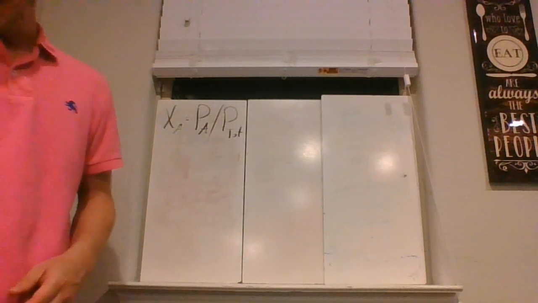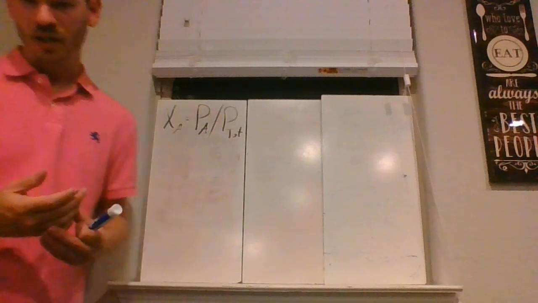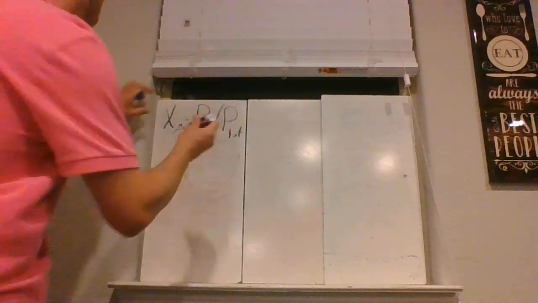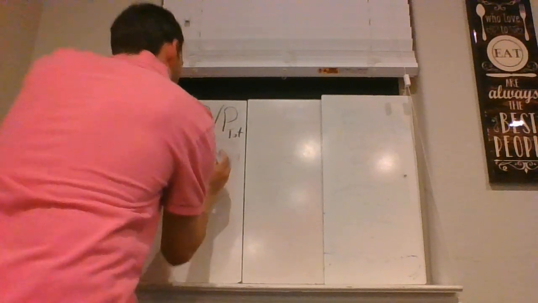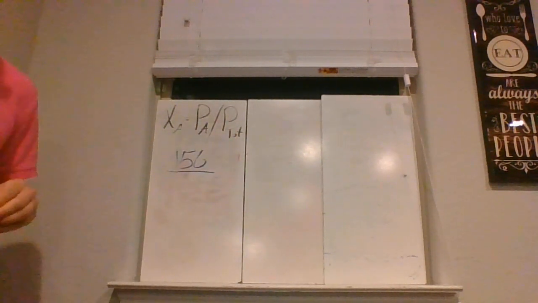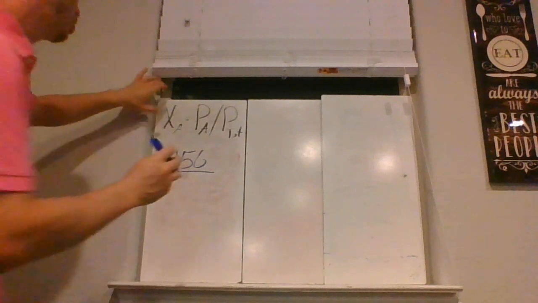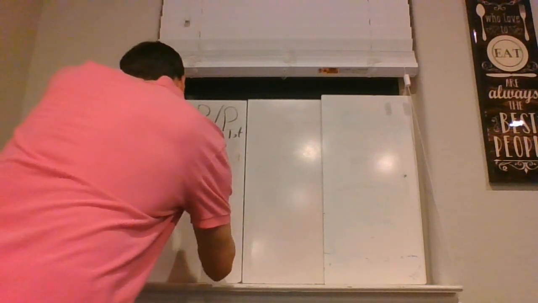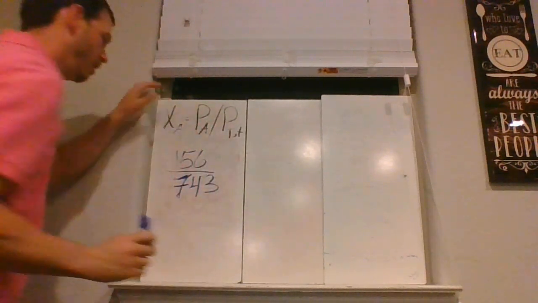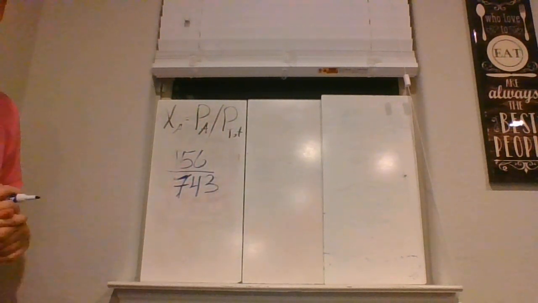It lets us know right away that my partial pressure of the oxygen is 156 torr. So now we're at 156 divided by my total pressure. It lets you know the atmospheric pressure here is 743. So we've got our problem set up there.